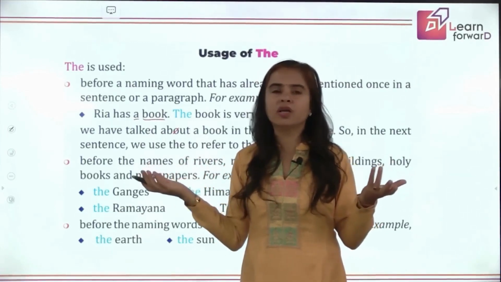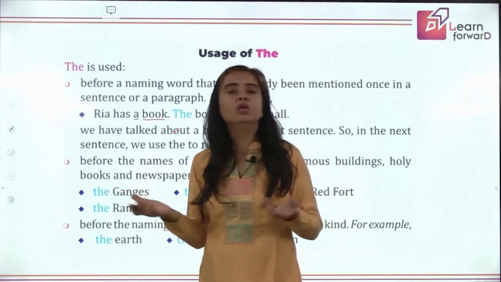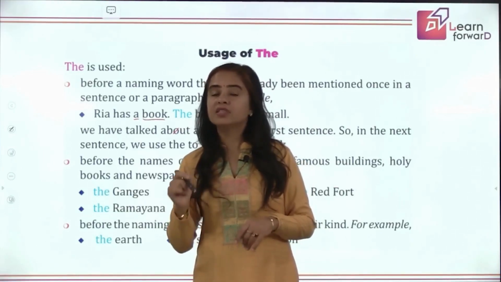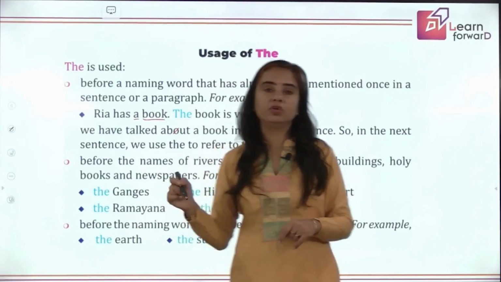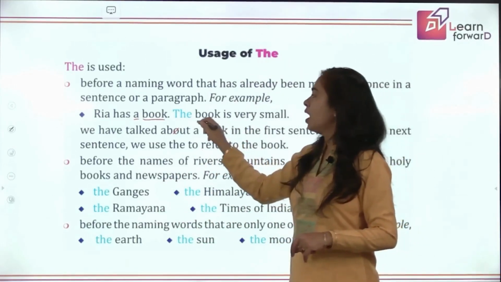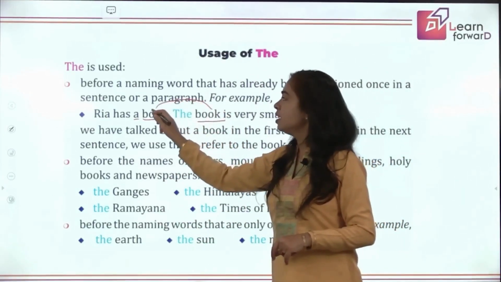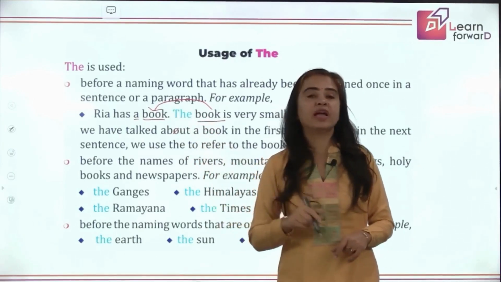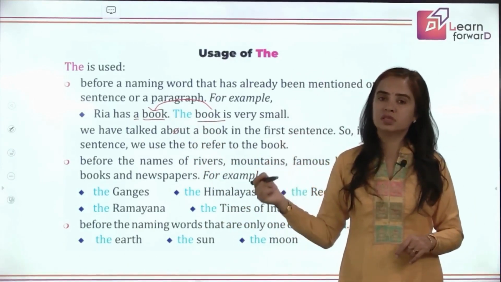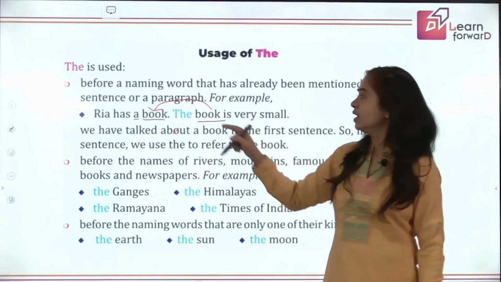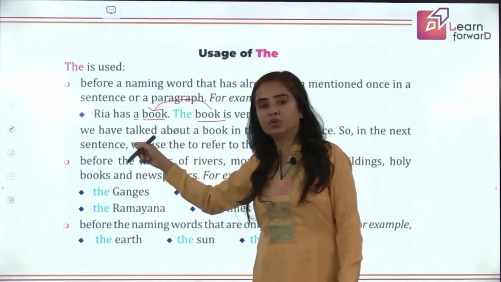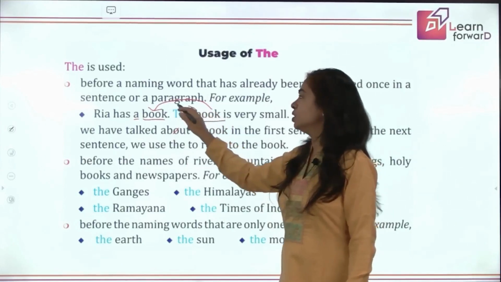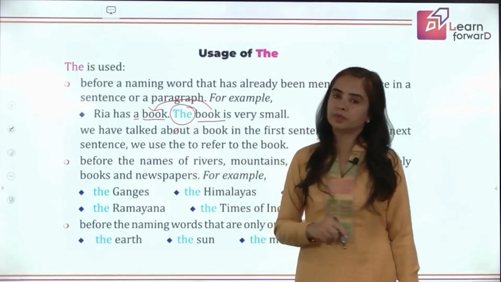I'm just talking in general that Riya has a book. So it could be any book. But when in the next sentence, I am again referring to the book, I mean I am talking about the same book about which I have talked in the first sentence. So here in the second sentence, when I am repeating, I am referring to this same book, I will be using the before it.